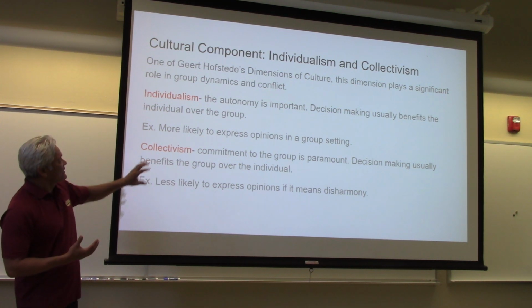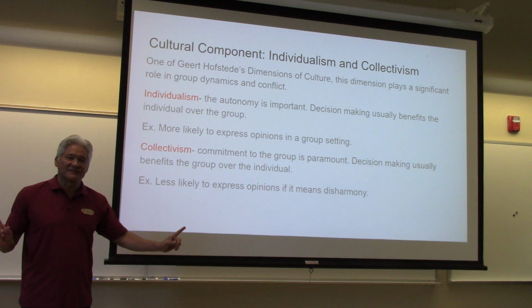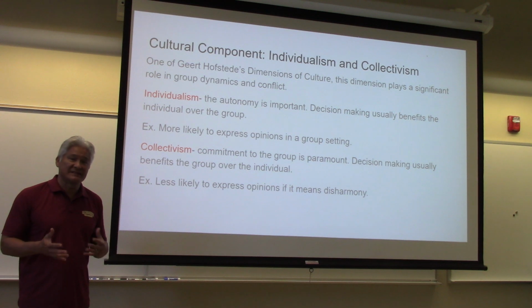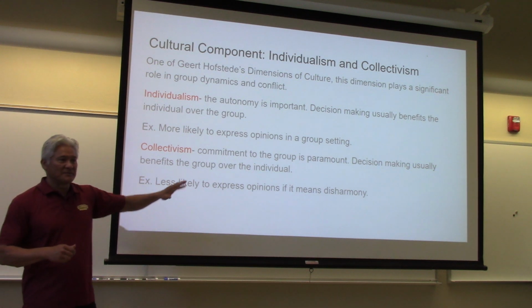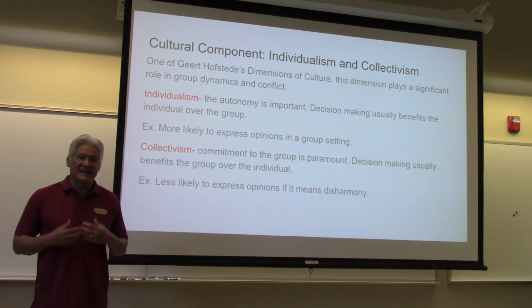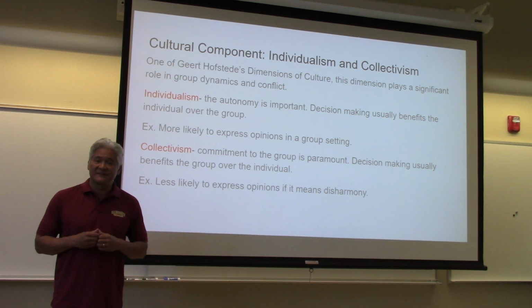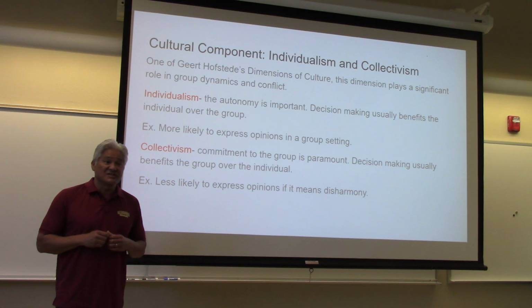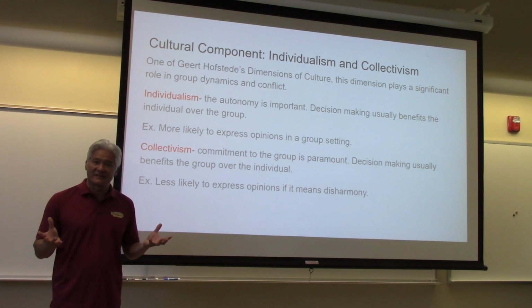And so Geert Hofstede identifies this as one of 6 or 7 dimensions of culture that really can be predictors of how you interact in various situations. So if you're, for instance, more collectivist, maybe your co-cultures that influence your behaviors are more focused on collectivism, then you may be a bit more likely to just go along with what people are saying and not make waves, because group harmony is really important.